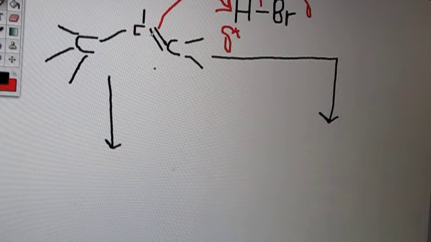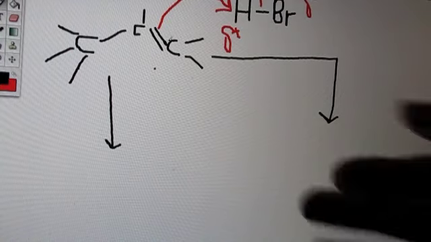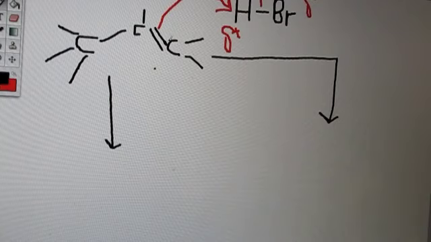So the two carbocations formed is exactly that. Either a hydrogen here, because the bond broke with the hydrogen and formed a bond here, or broke with the hydrogen and formed here.